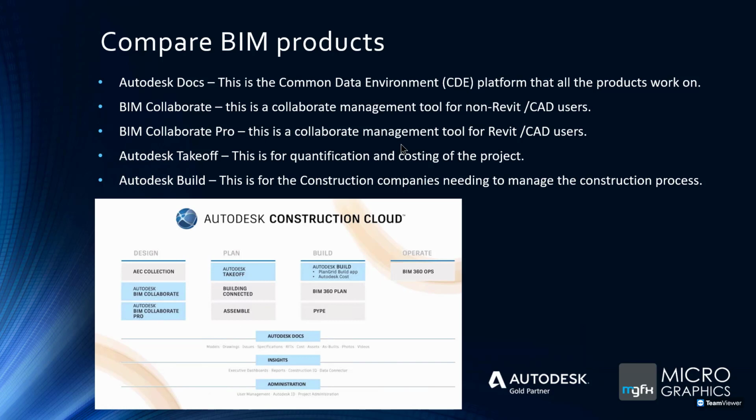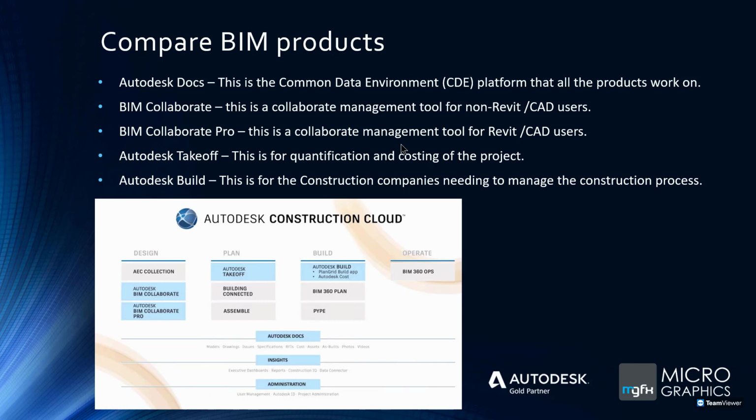Then obviously you've got BIM Collaborate and BIM Collaborate Pro. The difference between those is, as I mentioned earlier, the Pro version has all the features, and it's for the BIM authoring guys.